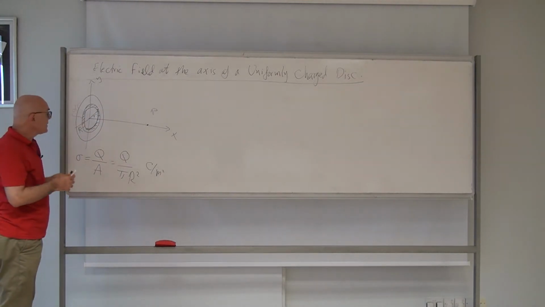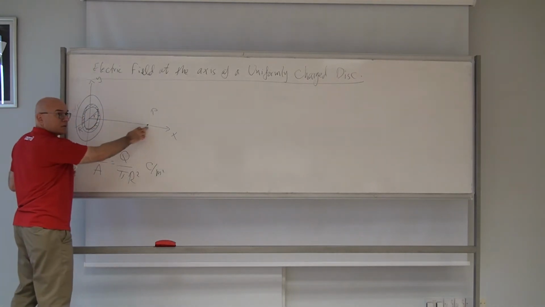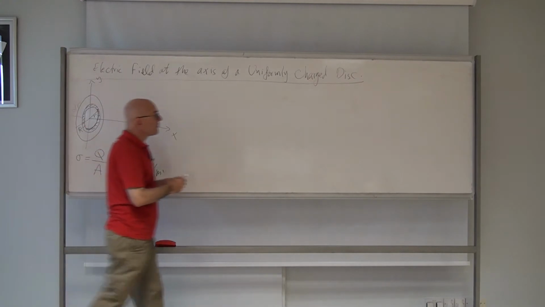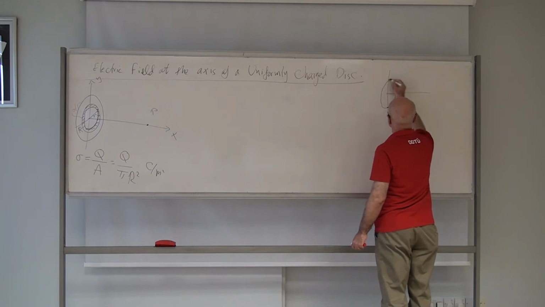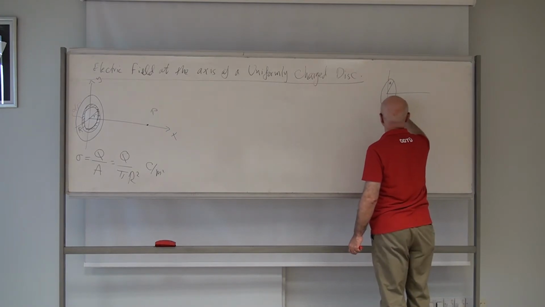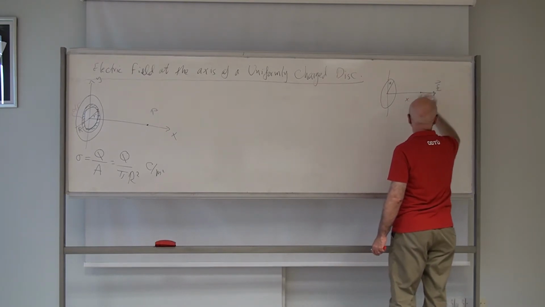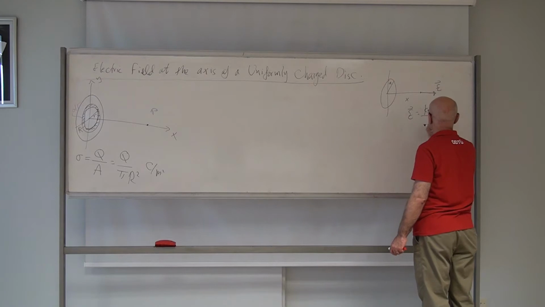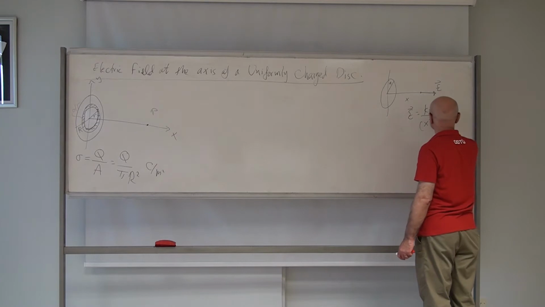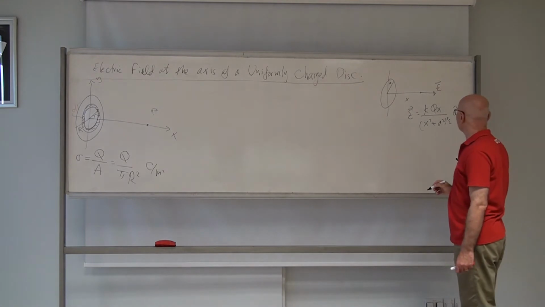Now, we know the electric field of each of these rings on the x-axis. If you remember, we had this ring on the x-axis with radius a, and this distance was x, and the electric field here was E equals k q x divided by (x squared plus a squared) to the power 3 over 2, along i hat.